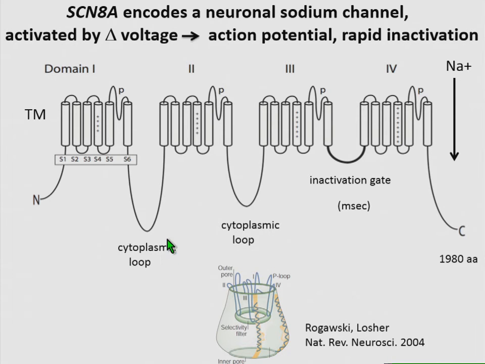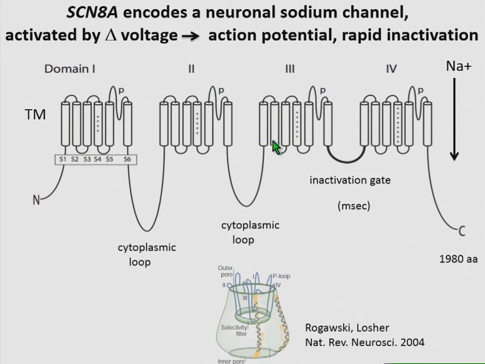Now, SCN8A encodes a very large transmembrane protein. It's a neuronal sodium channel, and this channel is activated by the change of potential across the neuronal membrane, and it's the gatekeeper for initiating an action potential. So, as you'll see, if you lack this channel, you're deficient in firing, and if you have too much activity of this channel, you get hyperactive firing.